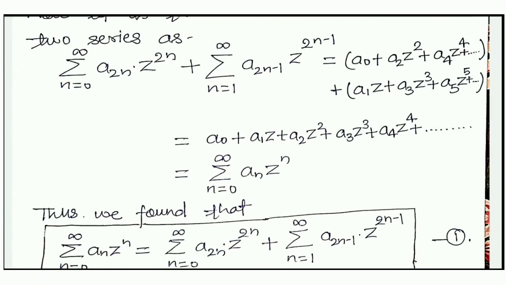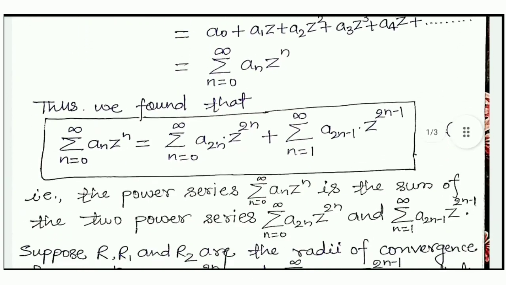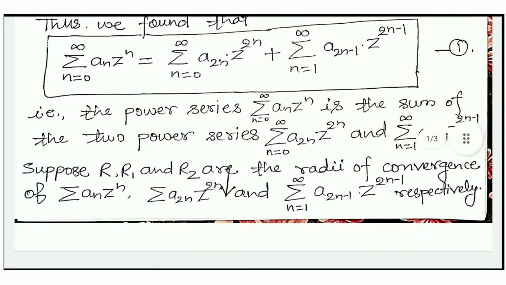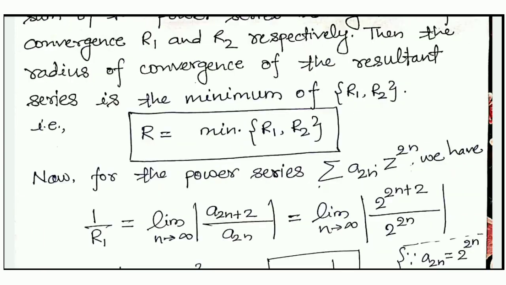So first of all we have shown an is the sum of the given two different power series a2n z to the power 2n and a2n minus 1 z to the power 2n minus 1, and we have used the fact that if a power series is the sum of two different power series, then its radius of convergence will be the minimum of the radii of convergence of both the power series, that is r equals minimum of r1 and r2, where r is the radius of convergence of the resultant power series and r1 and r2 are the radii of convergence of the two different power series, by summing which the resultant power series has been obtained.